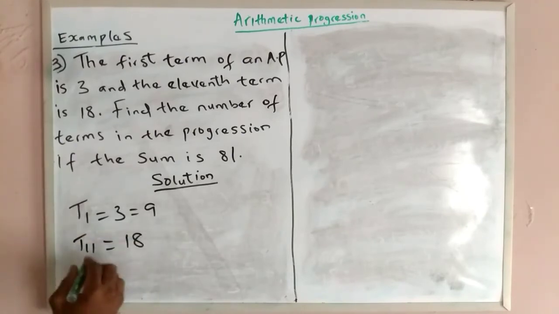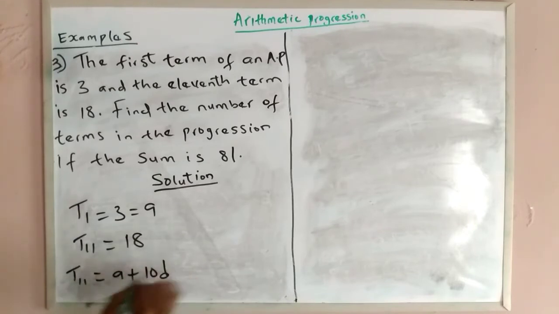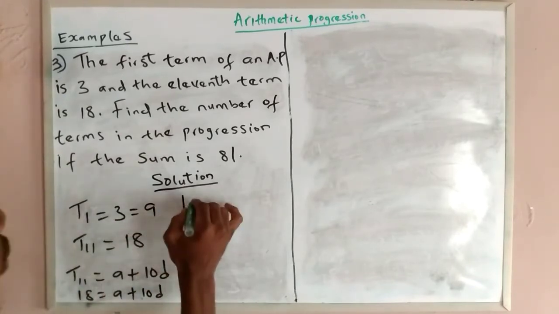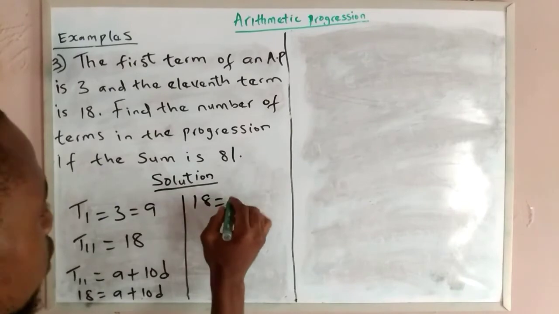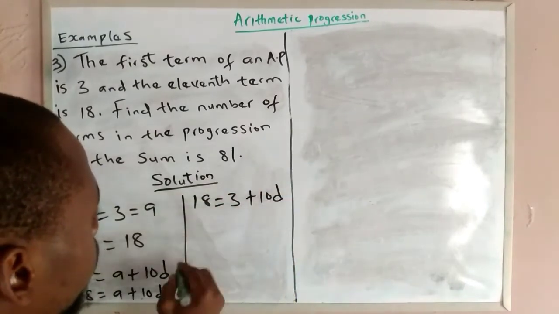Now, the formula for our 11th term is T11 is equal to A plus 10D. So that means our 18 is equal to A plus 10D. Now, since the value of our A is 3, so we have 18 is equal to 3 plus 10D.